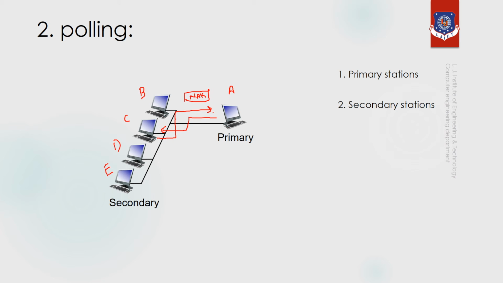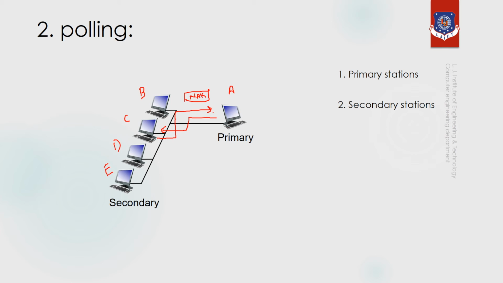You can compare this situation with your classroom. Suppose your teacher is asking questions to all the students one by one, and if any student has an answer, they will reply with the answer, and if any student has no answer, then they will say no to the teacher, which means negative acknowledgement.